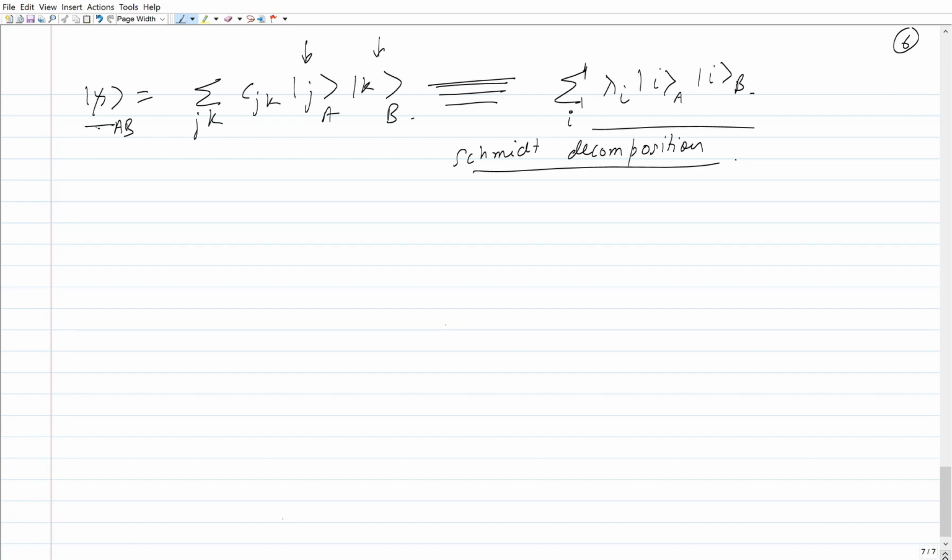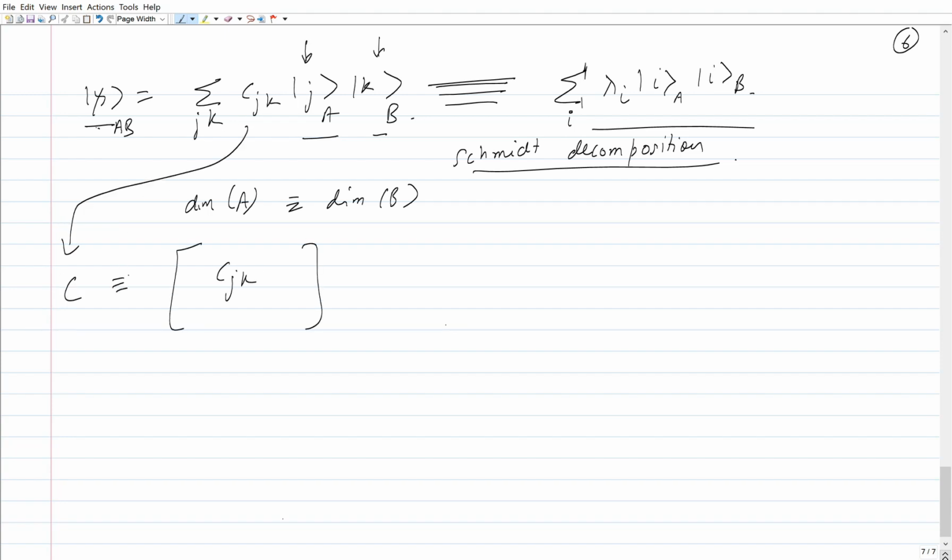So essentially the idea is to show, let's assume that the dimensionality of system A is equal to the dimensionality of system B. The case where the dimensionality of A and B are not equal is a trivial extension of the proof. So let's just prove it for the case when both systems have the same dimension. In other words, my matrix C, with elements C_jk, is a square matrix.